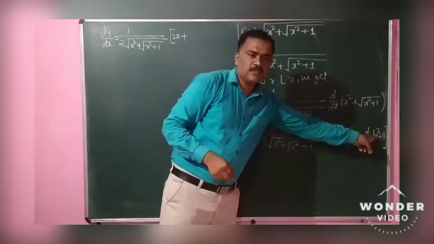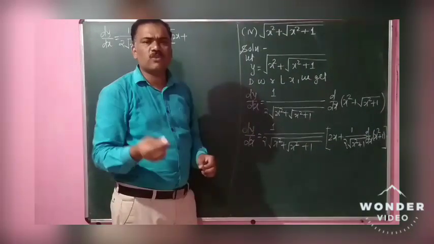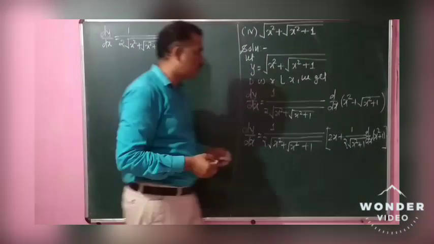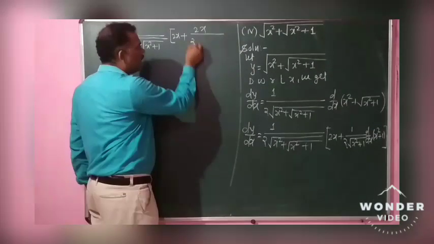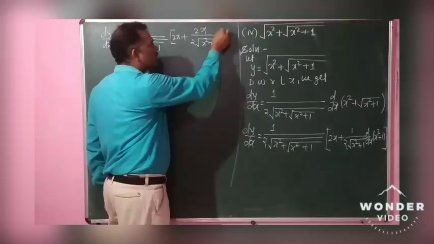Derivative of x square is 2x plus 1, that is the derivative of plus 1. 1 is a constant, so its derivative is 0. That is 2x plus 0, which is nothing but 2x. That is 2x divided by 2 times under square root of x square plus 1.